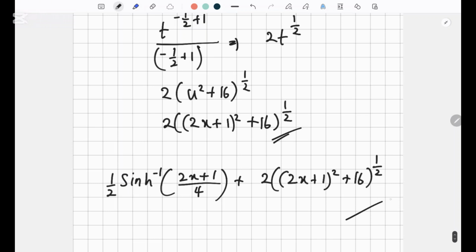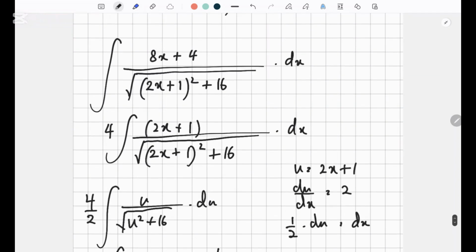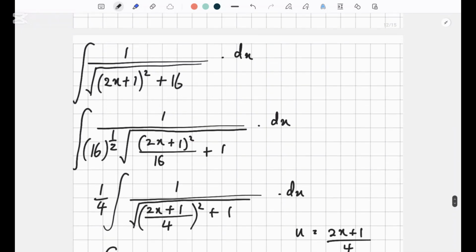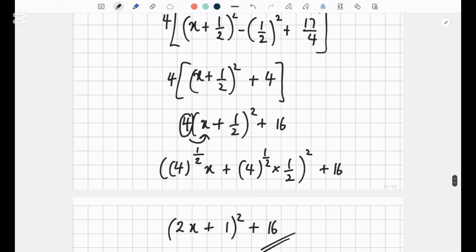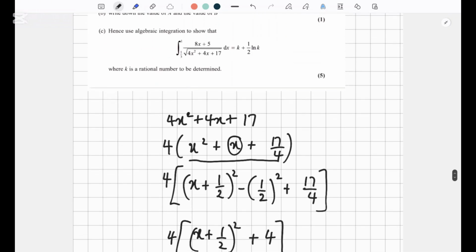This is your final answer, plus c. But in this case, we don't have to put c because they were asking us the value. So they've given us the interval 1 over 3 to 1, and they've asked us to find it in that format. They've given k plus half ln k.